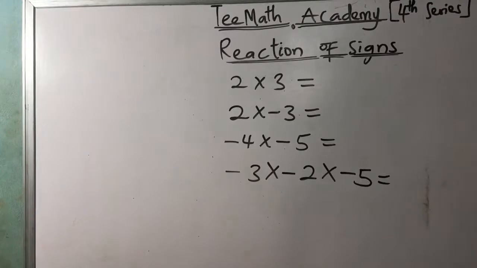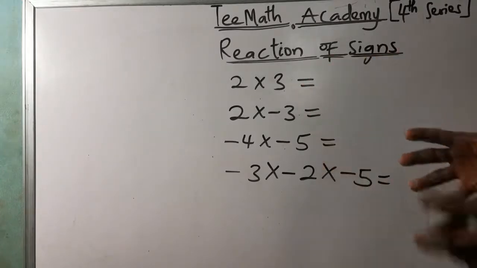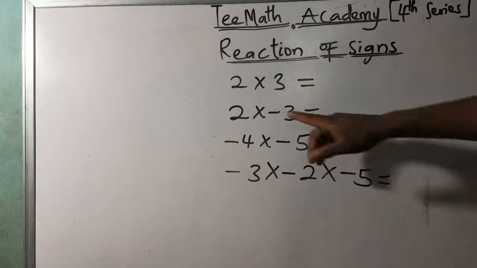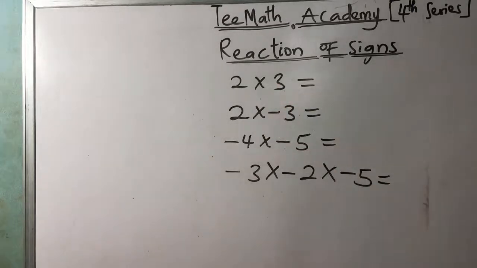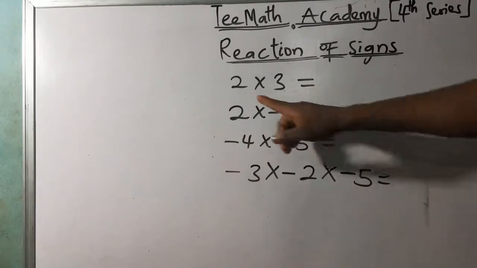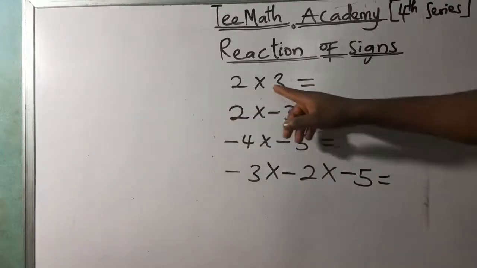Next, we want to look at the reaction of these signs with numbers. Here we have 2 times 3, which is 6. But why is it 6? It is positive, because we have a positive sign here and a positive sign here.